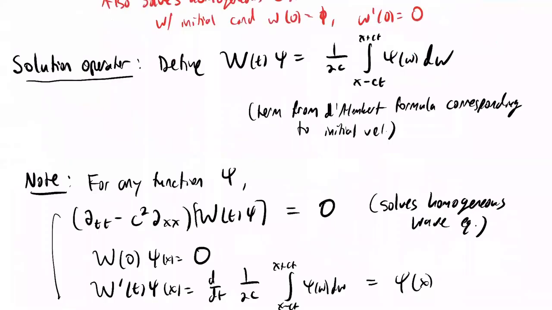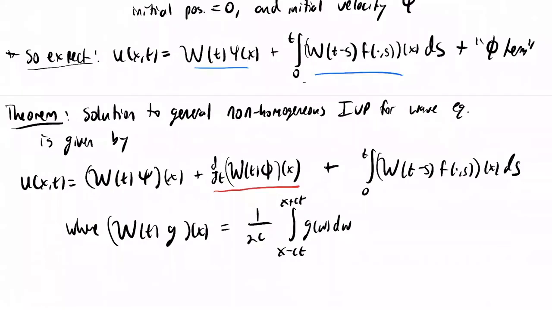So we have this wave solution operator appearing three times: one term corresponding to the initial velocity, one to the initial position, and one to the external force function F. The only difference is that for the term corresponding to phi, you just want to differentiate with respect to t.